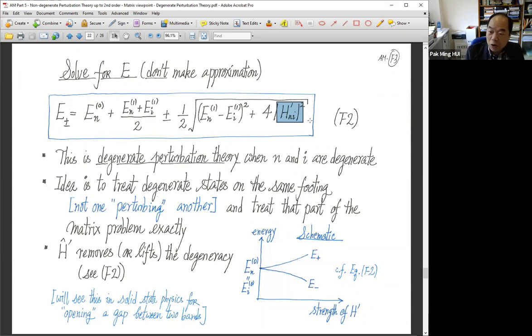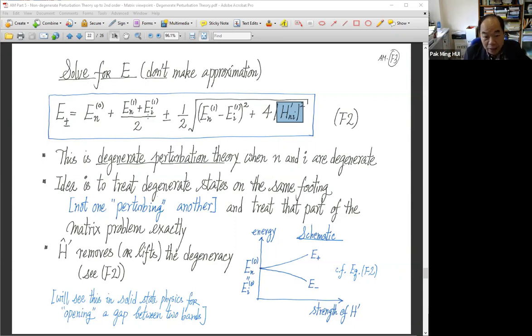We have a term for this. We say this perturbation is removing or lifting the degeneracy, okay? Removing is easy to understand, but there is a jargon called lifting the degeneracy. Using a coupling or an interaction represented by H prime here, okay?